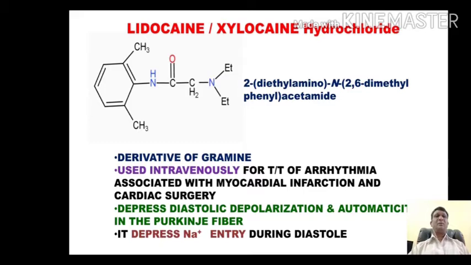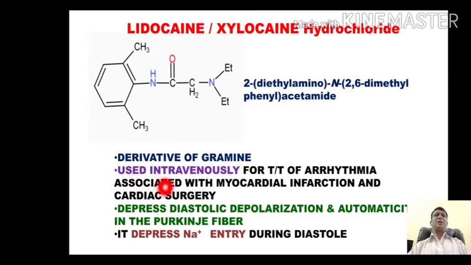Now dear students, this compound is a derivative of gramine. Please keep this point in mind. Many times in examination you might have a question that lidocaine is a derivative of dash, so you have to identify that it is the derivative of gramine.